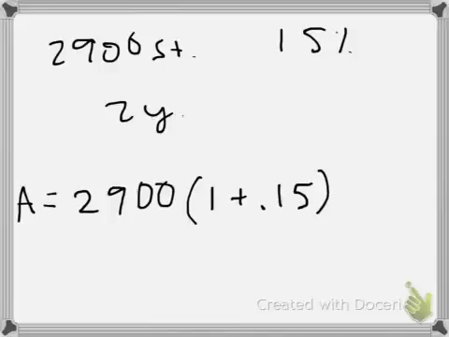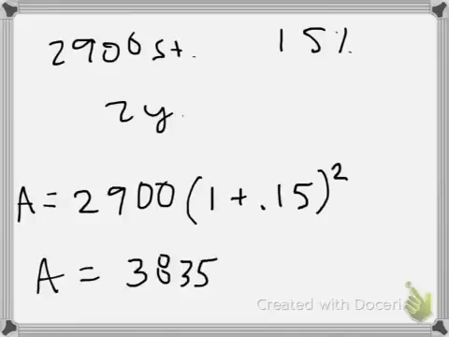And then the t at the very top up here is the time. And so it's 2 years. And so you just do this equation to solve for what it is. So then you solve it all out. And so then the final amount, which is the big A, would be 3,835 students.